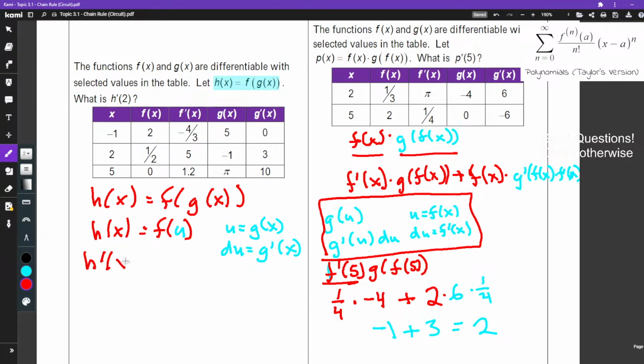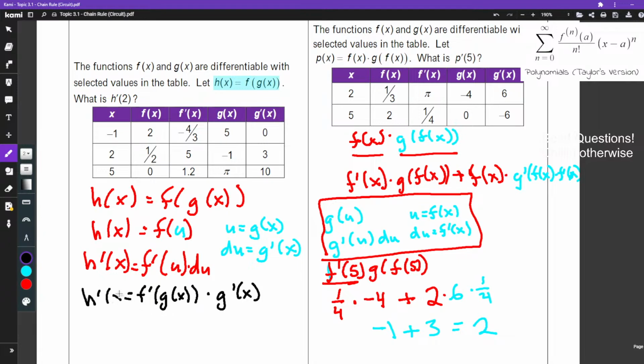H prime of x is equal to f prime of u times du. Replace everything back in. We have f prime of g of x times g prime of x. That's just the definition of chain rule. And all we do now is plug in 2 and solve one at a time.